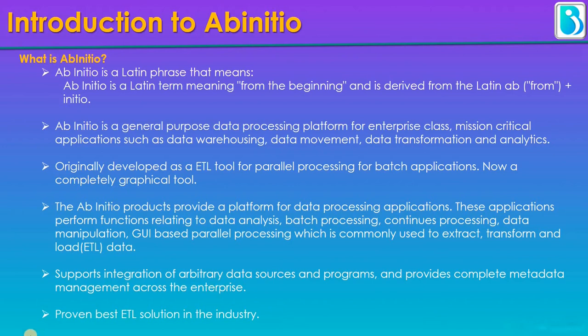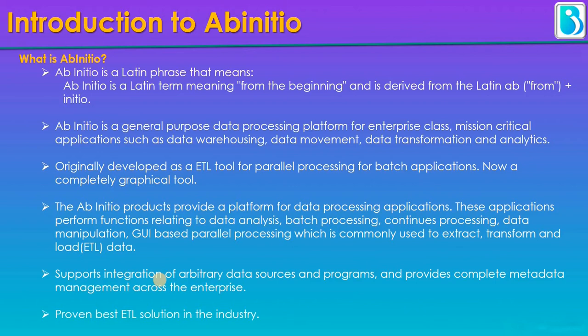These applications perform functions relating to data analysis, batch processing, continuous processing, data manipulation, and GUI based parallel processing, which is commonly used to extract, transform and load ETL data. Ab Initio supports integration of data sources and programs and provides complete metadata management across the enterprise.